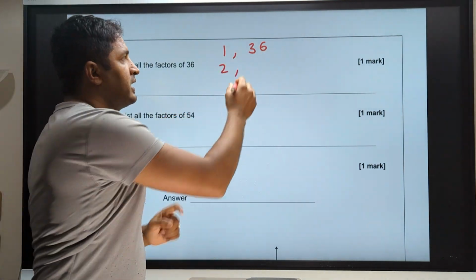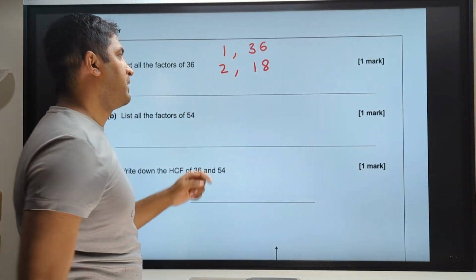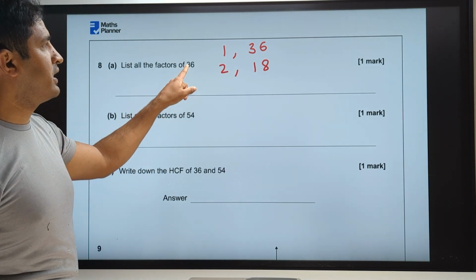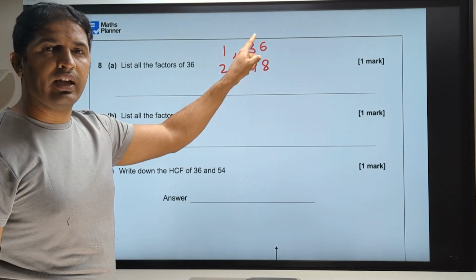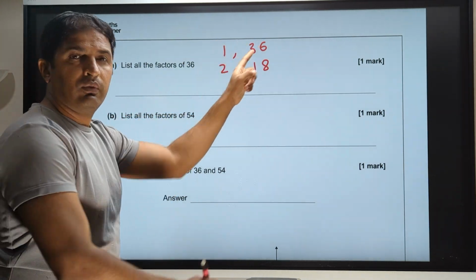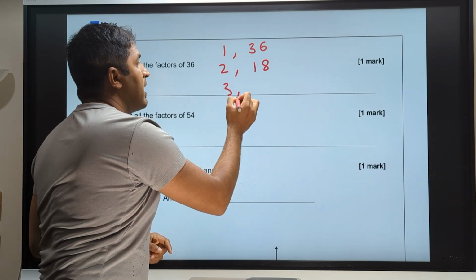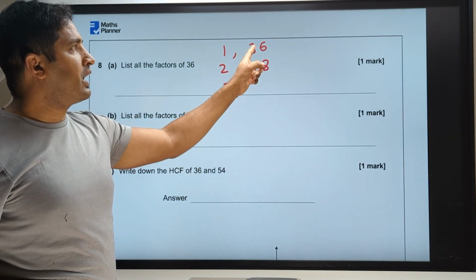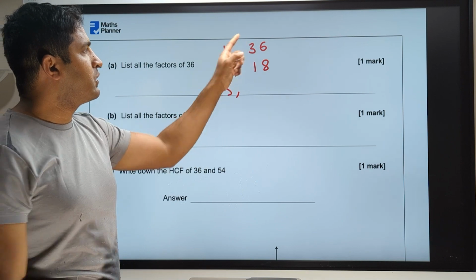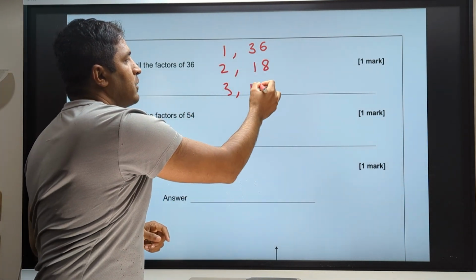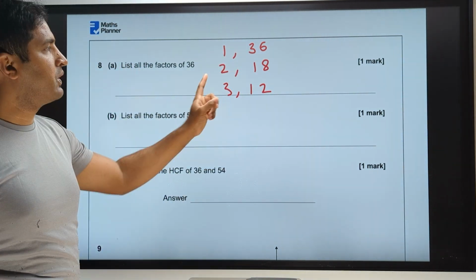So divide 36 by 2, you get 18. Then would 3 go into 36? Yes, because 3 add 6 gives you 9, and 3 goes into 9, so 3 will go into 36. But how many times? You divide 36 by 3, so 3 goes into 3 once, and 3 goes into 6 twice, so it's 12.